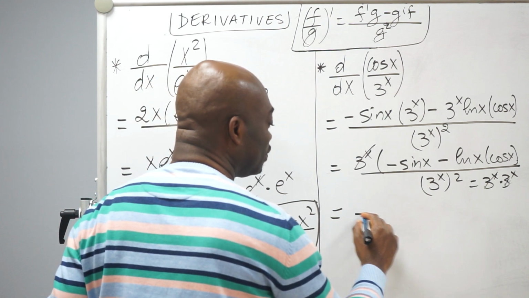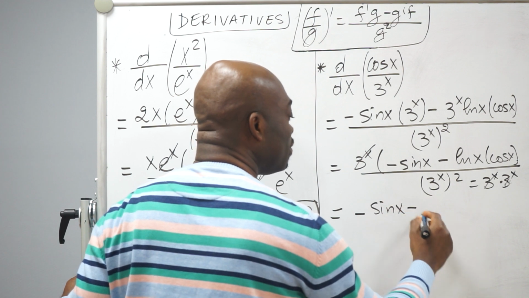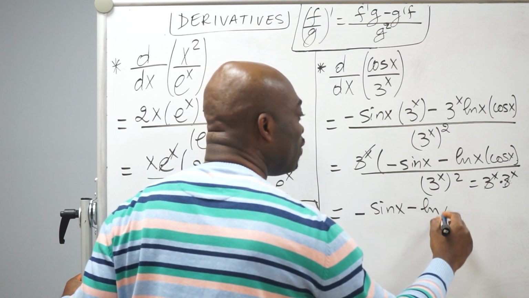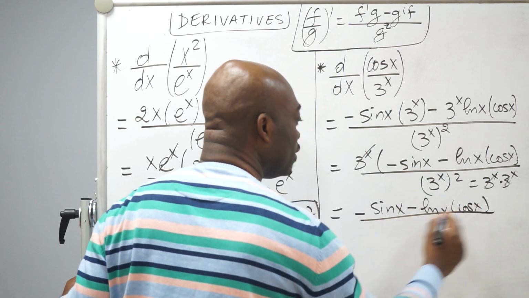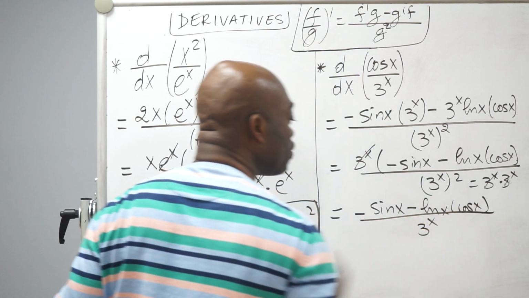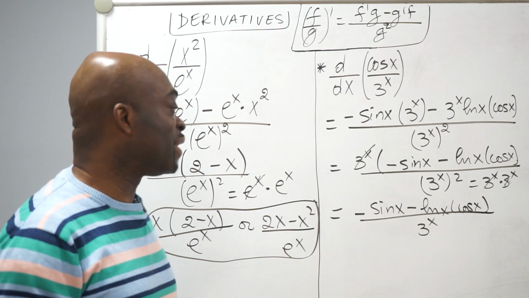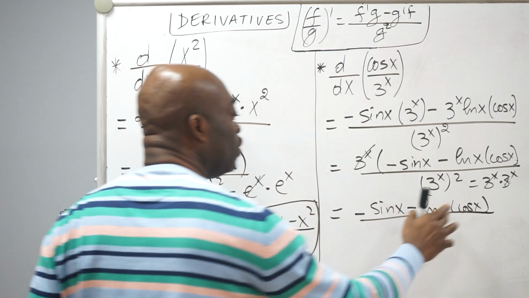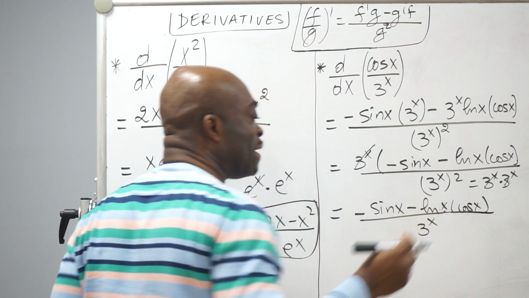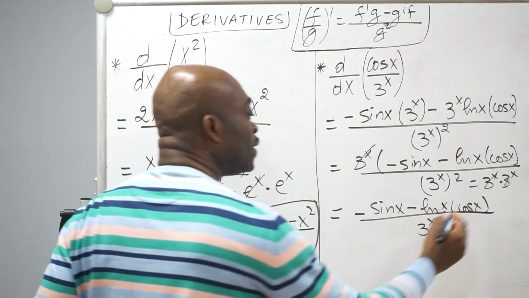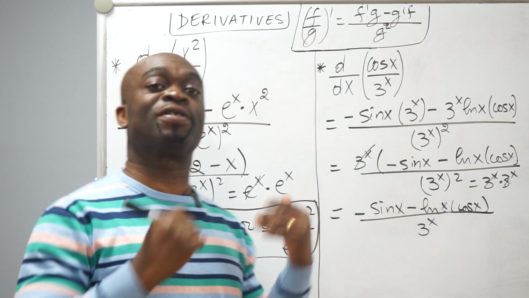What do we have left? Negative sine x, negative ln of x times cosine x, over 3 to the power x. Is there anything else that we can do? Pretty much no. Or somebody can also take the negative sign outside.